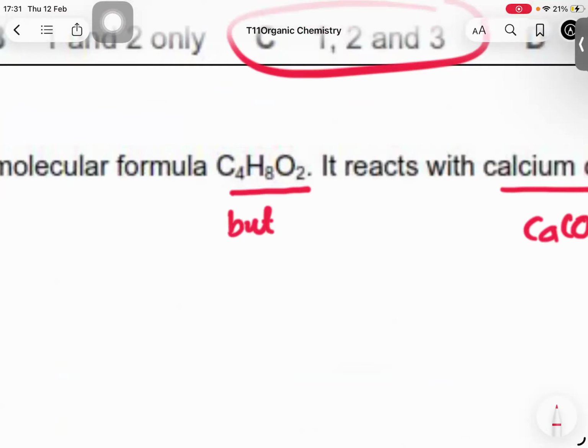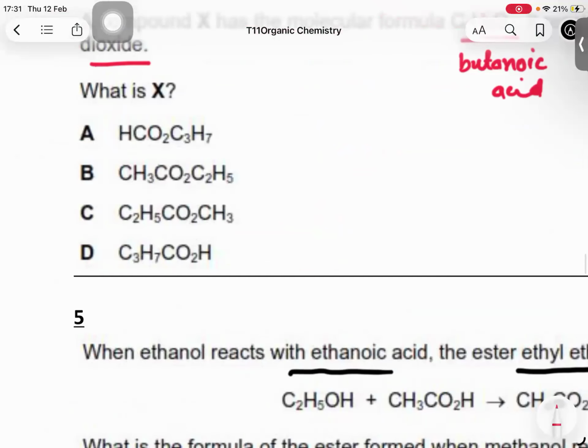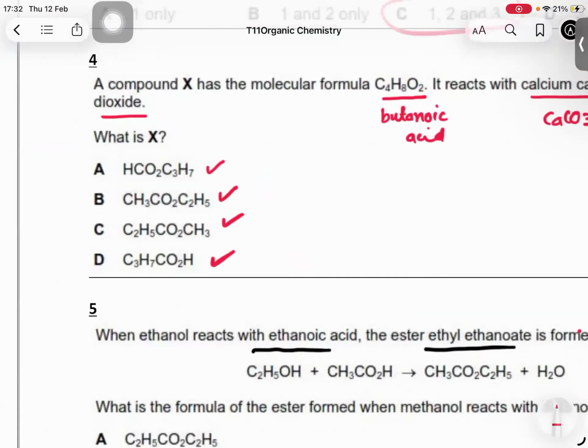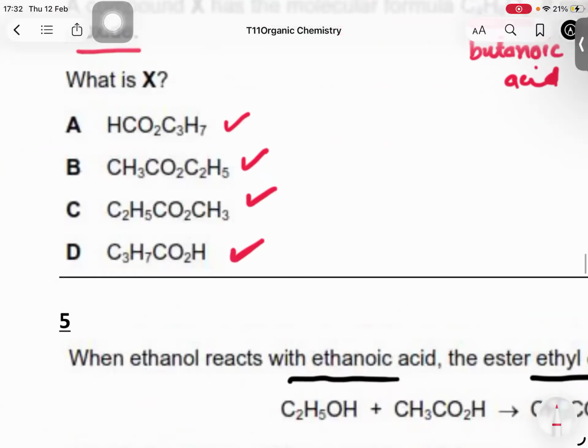और कौन सा acid होगा? Butanoic acid. Okay? But let's see what the options are, A, B, C, D. Which one? By the way, A is when COO के बाद carbon आ जाए, so it's an ester.